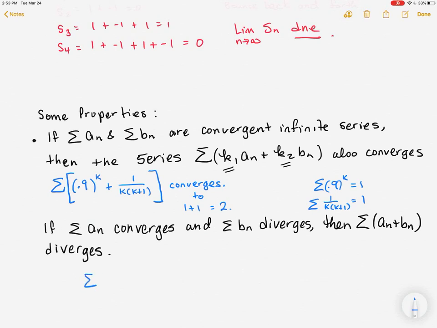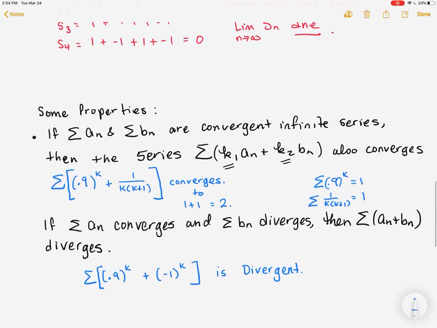So for example, if I take my series with 0.9 to the k, and I add it with the series negative 1 to the k, and make a series out of it, that series is divergent. Sometimes those are helpful. You'll see, though, that they show up again when we make power series later on in Chapter 8, that we can add convergent series together to get another convergent series.